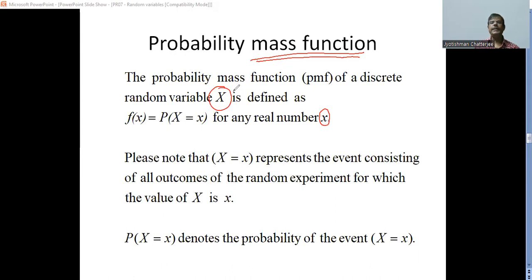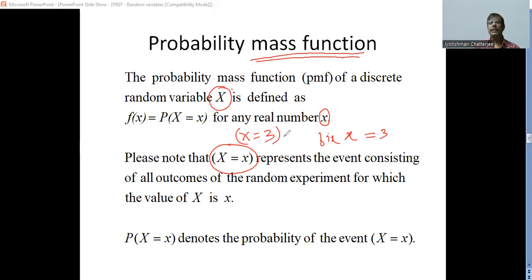So we are taking any discrete random variable capital X. Now fix any number x. X is a real number, I told you. So fix any value of x, say for example, x equal to 3. Then you consider the event capital X equal to small x. Say for example, if you have fixed small x equal to 3, then you are considering X equal to 3.